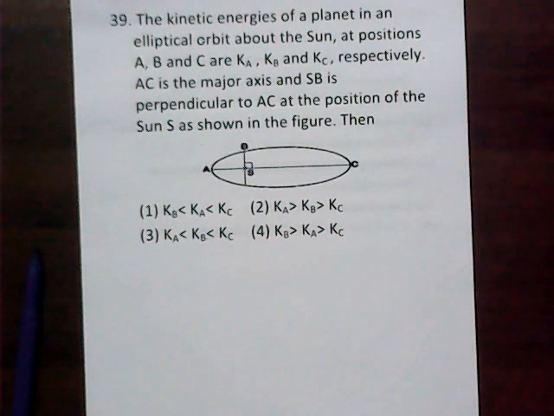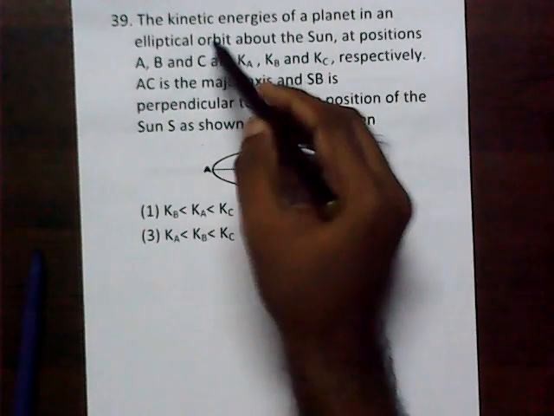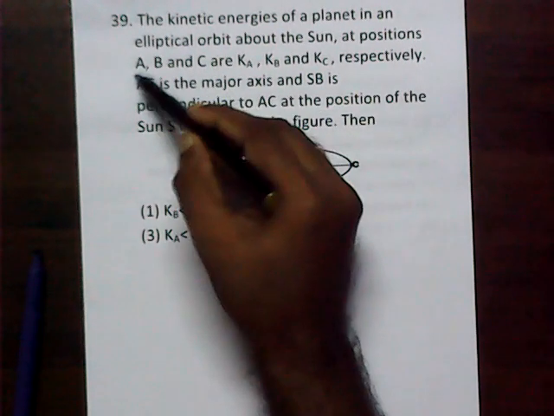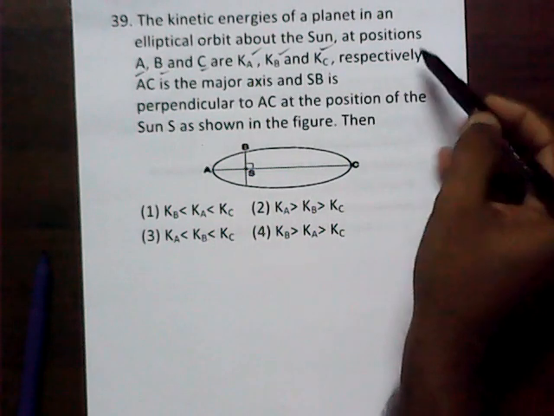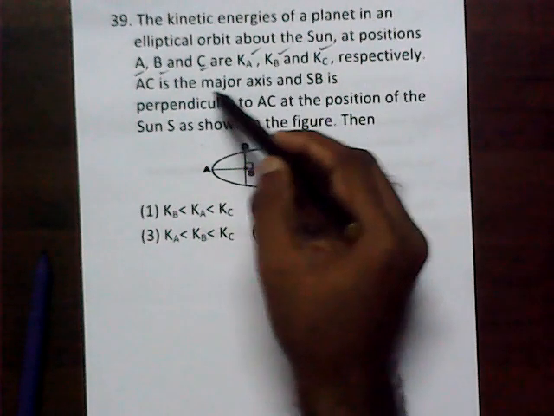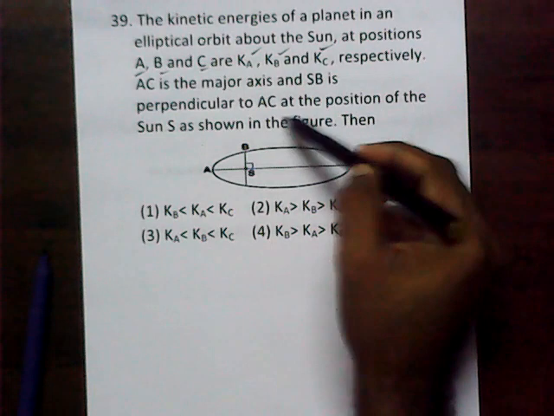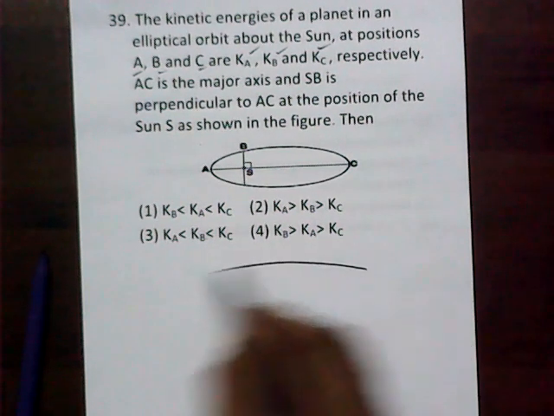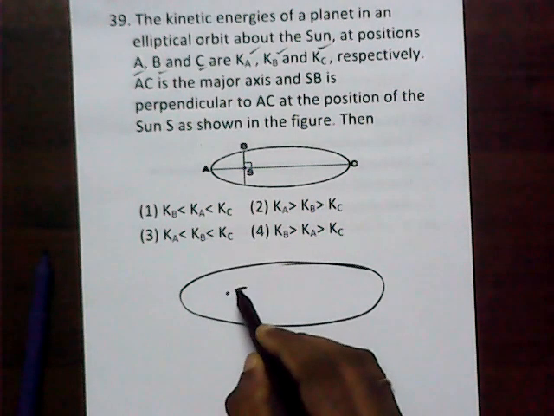Number 39. The kinetic energies of a planet in an elliptical orbit about the sun at positions A, B, C are KA, KB, and KC respectively. AC is the major axis, and SB is perpendicular to AC. Keep in mind for an elliptical orbit, this is said to be the focus.